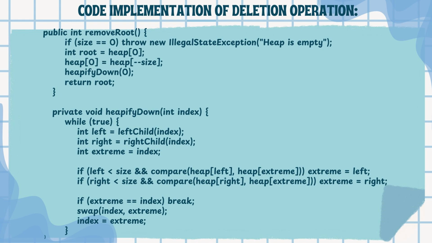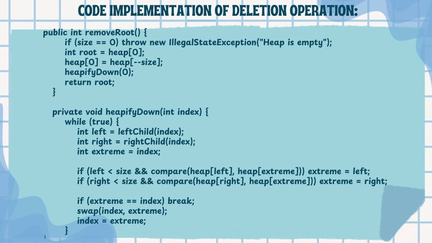With that, there is a while loop in the heapify down method. In that while loop, it runs an infinite loop until the correct position is found, and there are two variables declared as left and right.